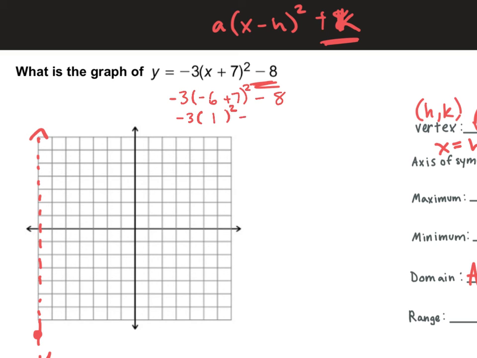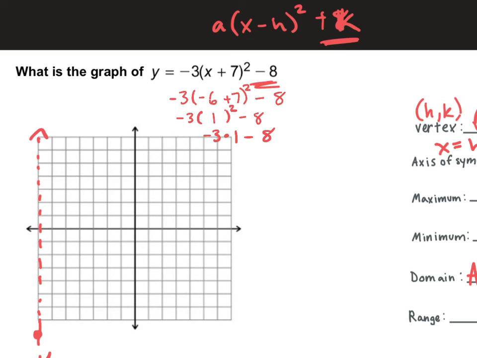So we have negative 3 times 1 squared minus 8. PEMDAS, so what do we do next? Exponent. So what's 1 squared? 1. So negative 3 times 1 minus 8.